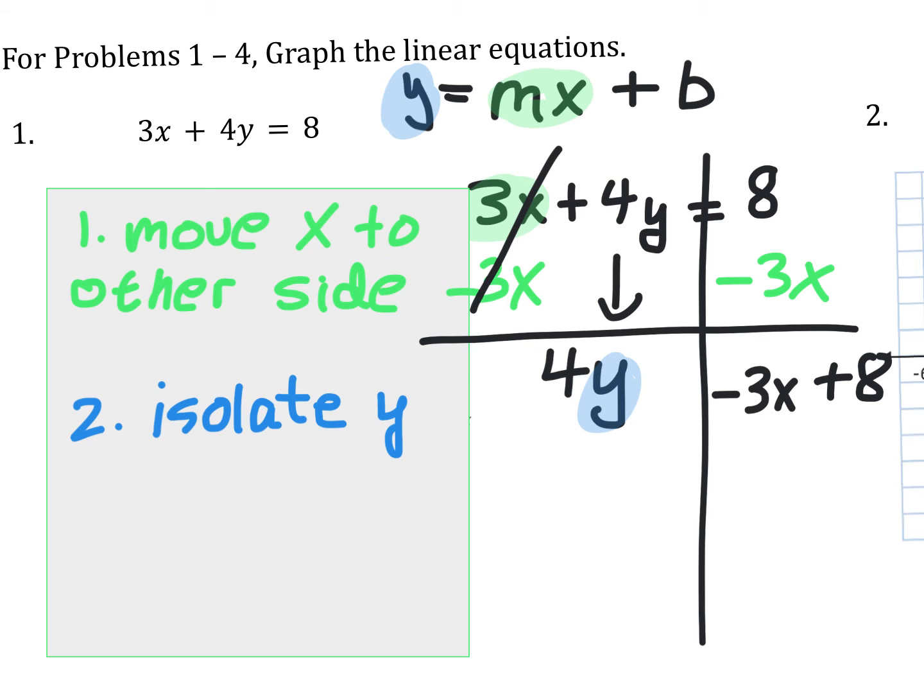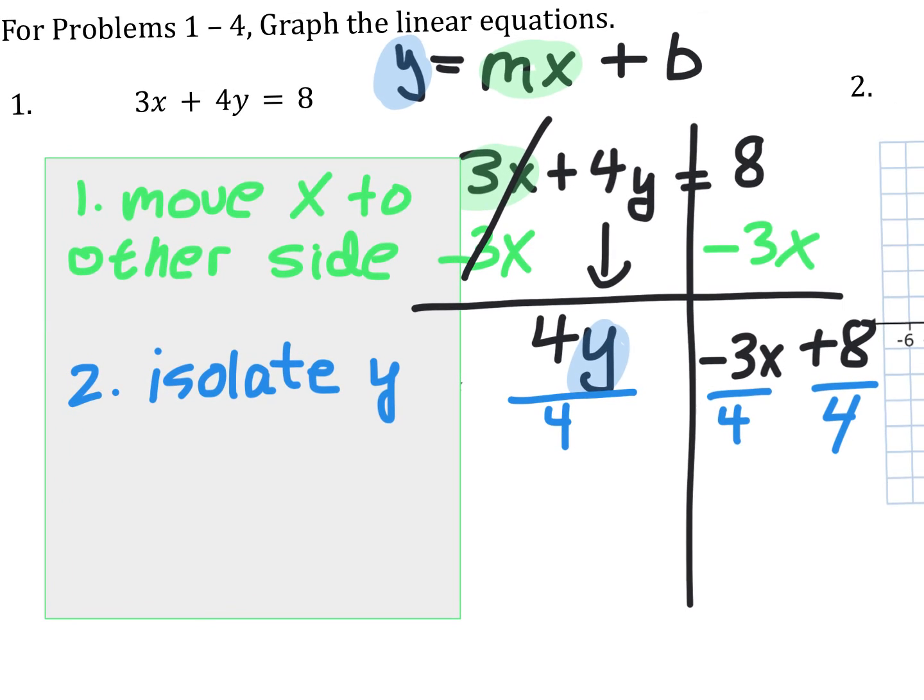That isn't what we need to do. That 4 sitting next to the y means multiplication. So how do we cancel out multiplication? We do it with division. And we need to divide every single term by that 4. So let's see what we got left over once we get done doing that.